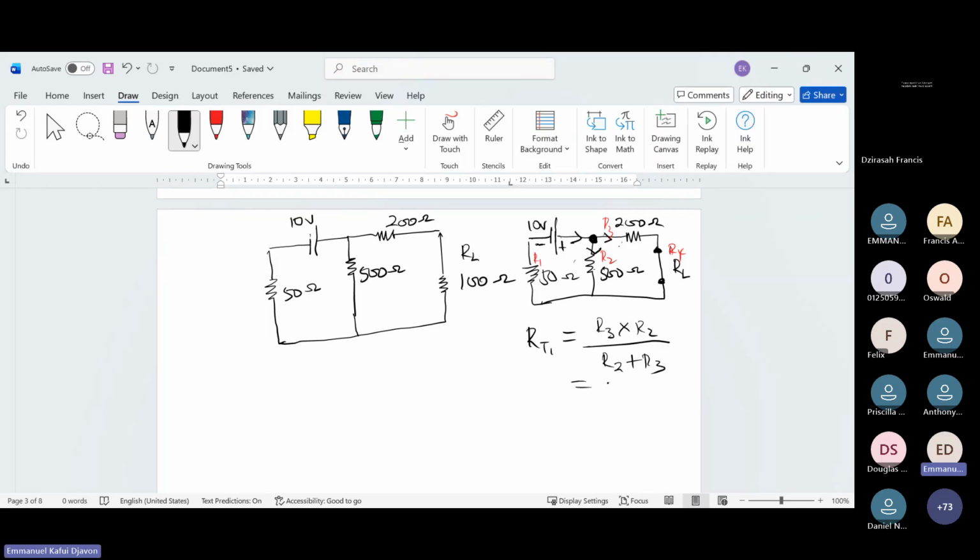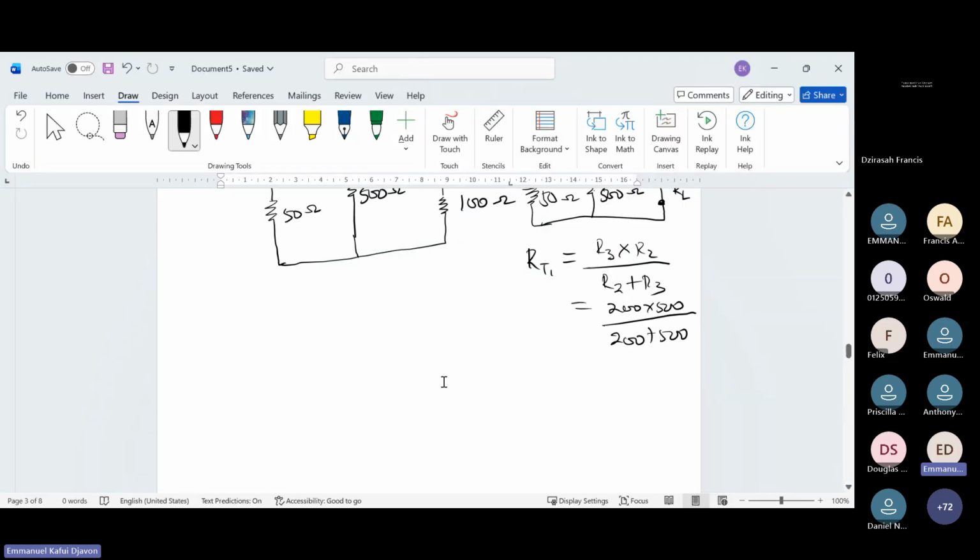That will give me 200 times 500 all over 200 plus 500. At this juncture, I think this will be 100,000. What will you get? 100,000 all over 700. That will give us what? 142.8. 142.86.